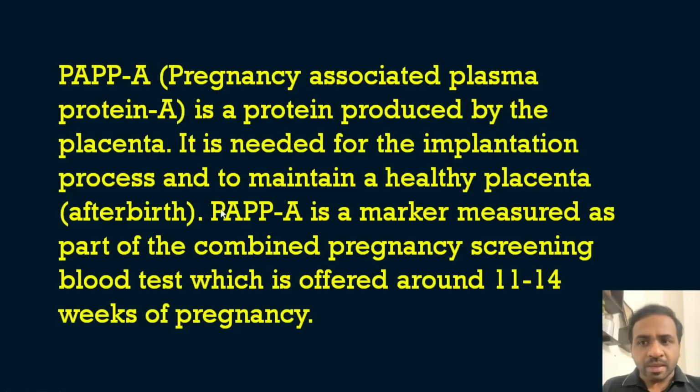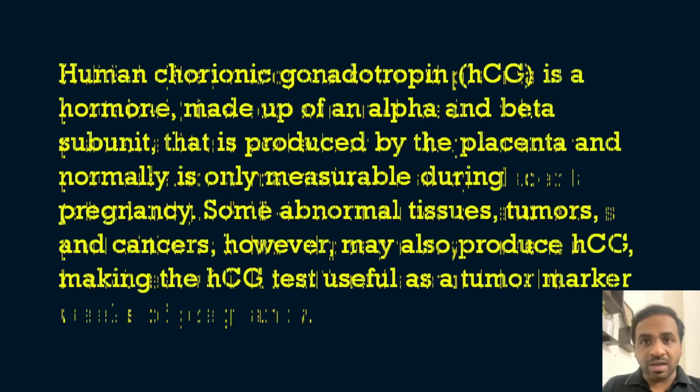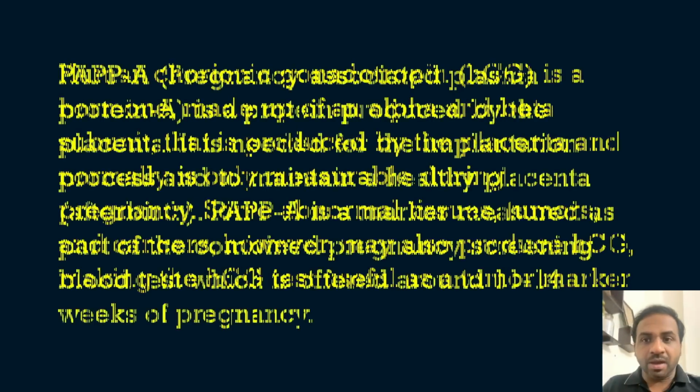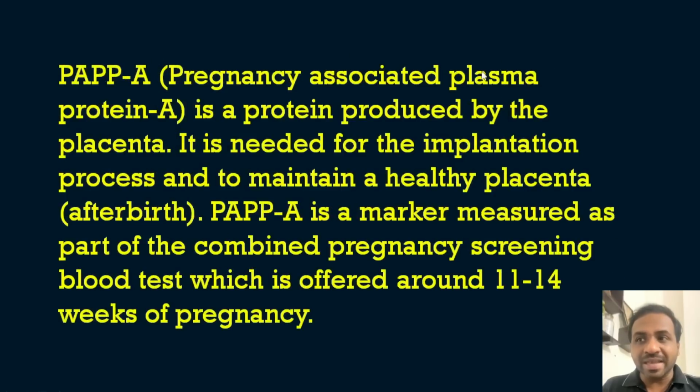PAPP-A is a marker measured as part of combined pregnancy screening and blood test, which is offered around the 11th to 14th week of pregnancy. Okay, so that's all regarding PAPP-A. So the fetal well-being can be identified with the help of this test, which is done during 11 to 14 weeks of pregnancy.